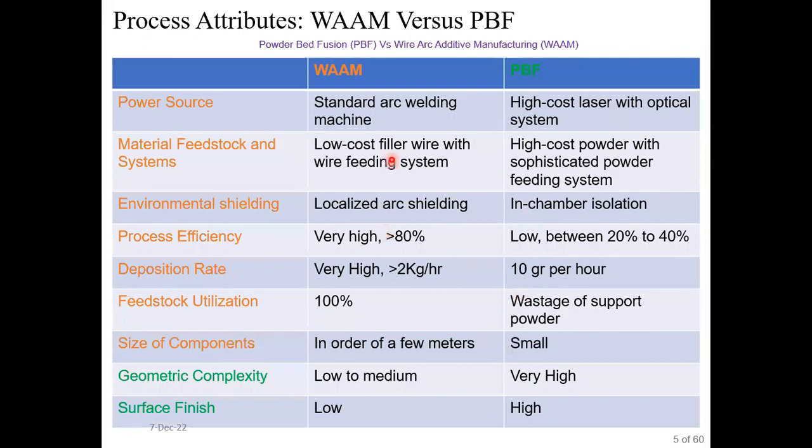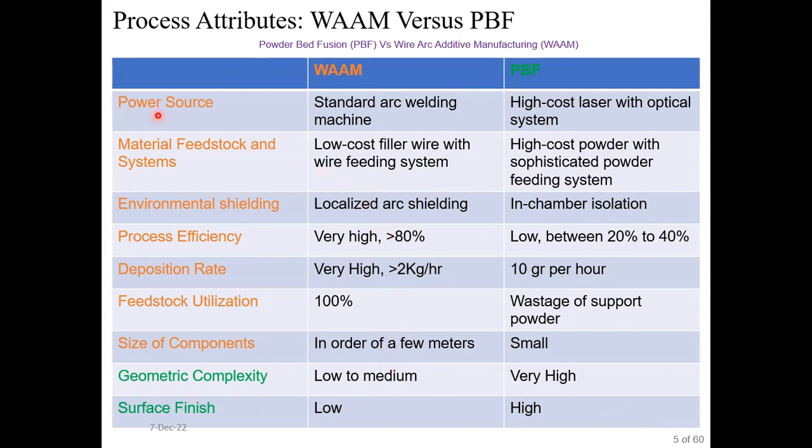This slide basically shows some process attributes related to WAAM and PBF process. It is very important to compare these 2 processes, WAAM and PBF, on the basis of certain factors. On the basis of geometric complexity and surface finish, powder bed fusion processes are far more advantageous than wire and arc additive manufacturing processes, because they can be used for the production of very complex components, and they yield a better surface finish compared to wire and arc additive manufacturing.